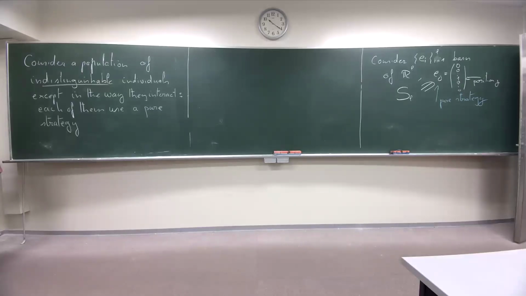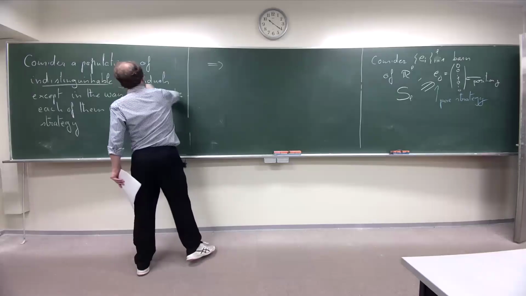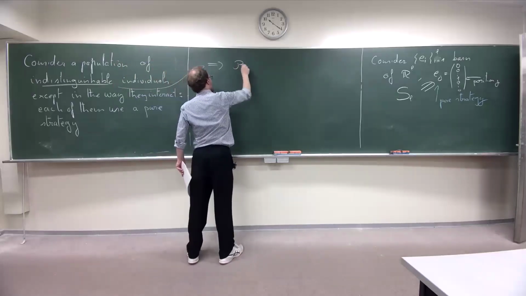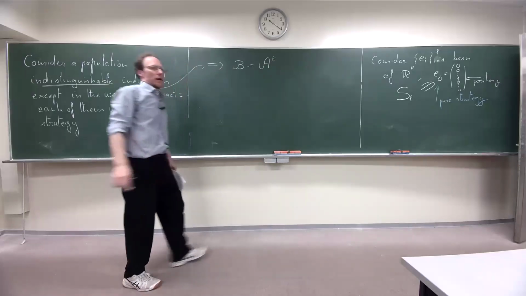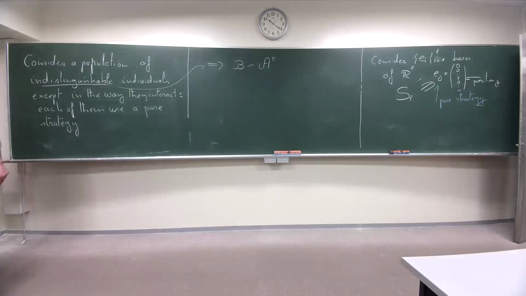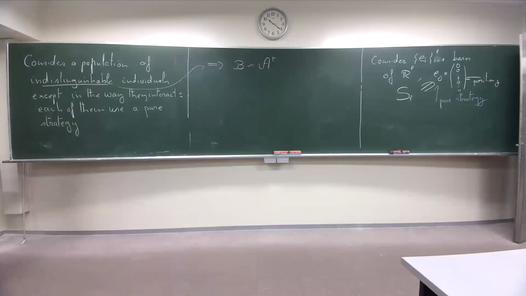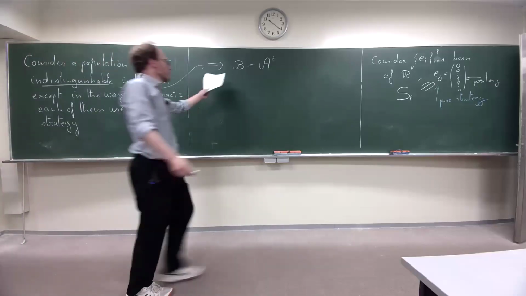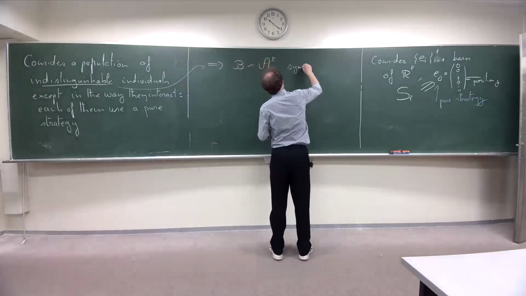The fact that these are indistinguishable means I don't have 2 players, and this fact implies that in fact B is going to be A transpose. Because we cannot distinguish player 1 and player 2, it's natural to have only one matrix. It's not always a zero-sum game, but we consider B equal to A transpose. This is called a symmetric game.